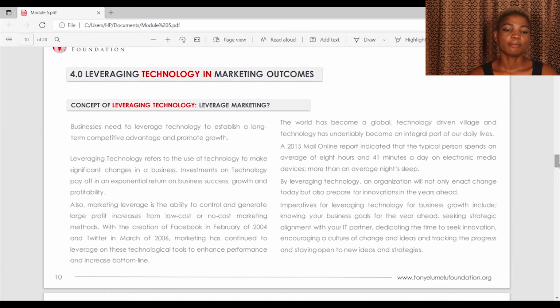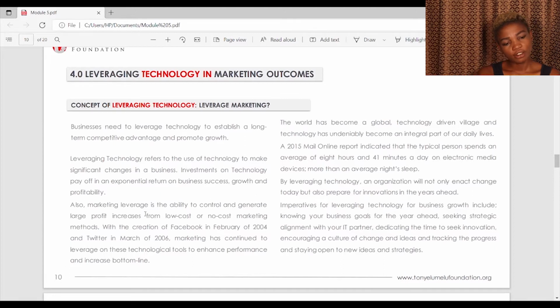Leveraging technology and marketing outputs. Concept of leveraging technology. Leverage marketing. Businesses need to leverage technology to establish a long-term competitive advantage and promote growth. Leveraging technology refers to the use of technology to make significant changes in a business. Investment on technology pays off in exponential return on business success, growth, and profitability.